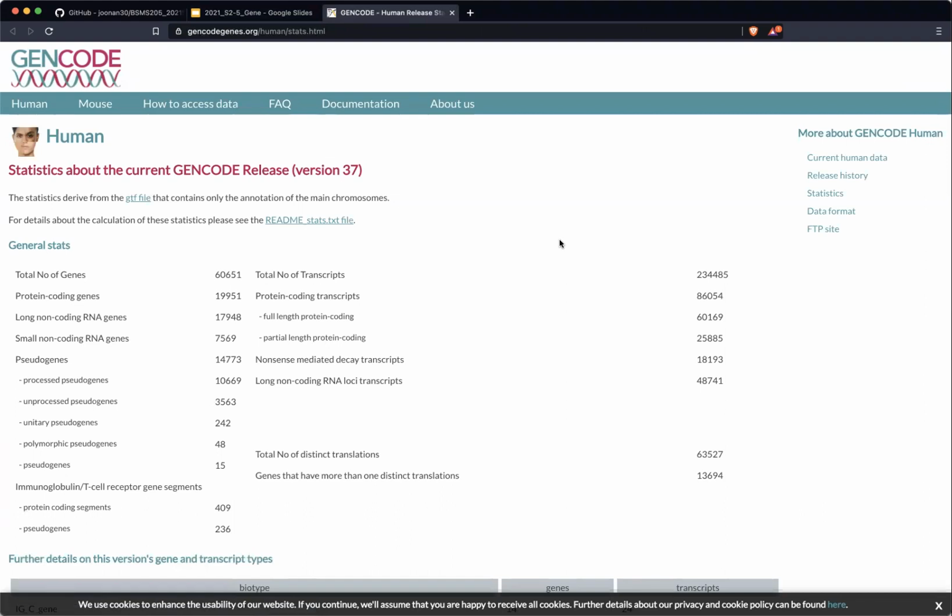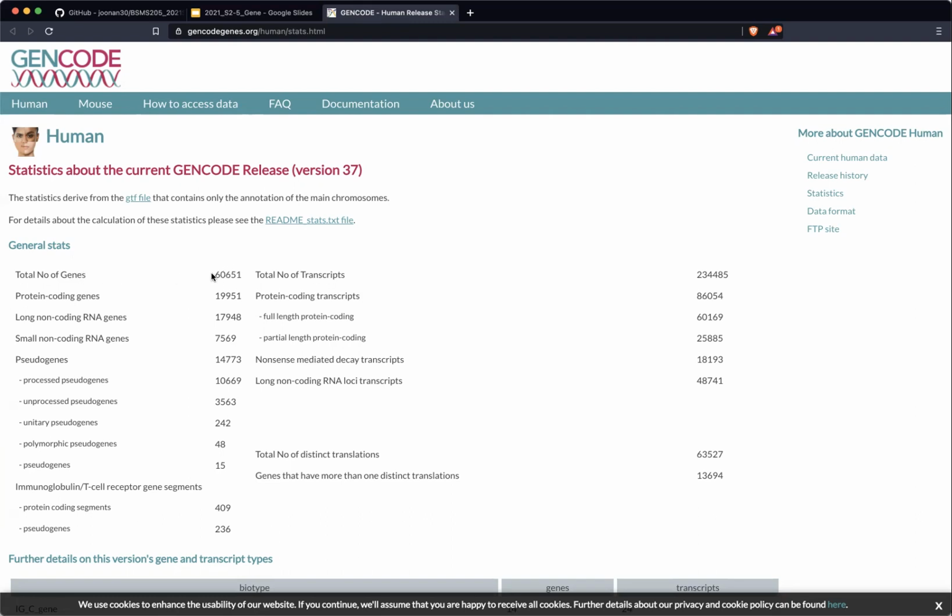If you go to this link, the database called GENCODE, in version 37, we can see the statistics of the genes we currently know from our genome. The total number of genes in the human genome is about 60,000.